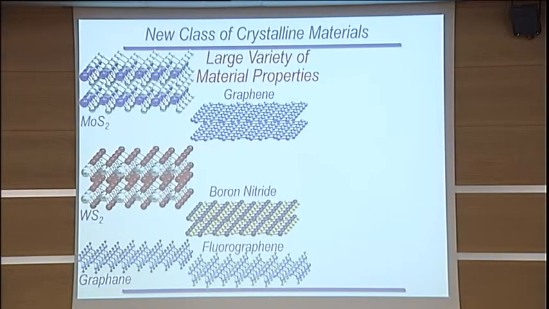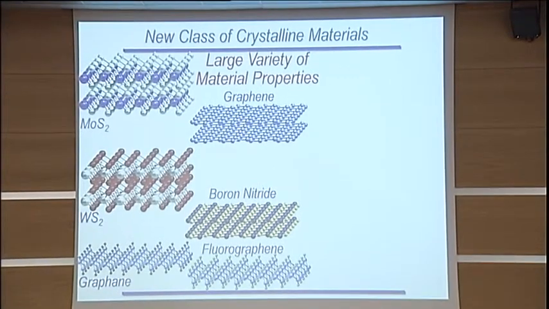So what we have now is basically a family of those two-dimensional atomic crystals, and collectively this family covers quite a wide range of properties, from the most conductive to most insulating, from transparent to opaque, from mechanically strong to soft.